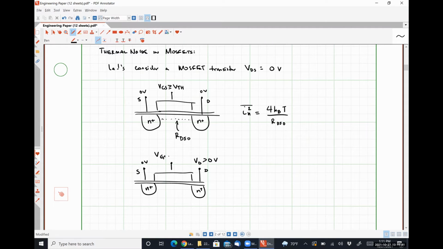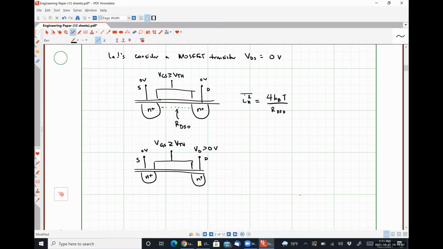And VGS is greater than or equal to VTH. So our transistor is on. We don't particularly know whether or not the device is in saturation region or not, but we know that our profile, actually I can't draw it that exaggerated because that would force it to be in saturation. So it looks something like this, right?